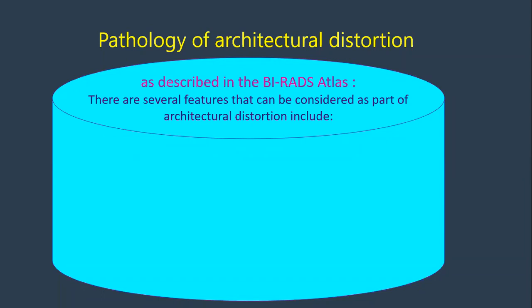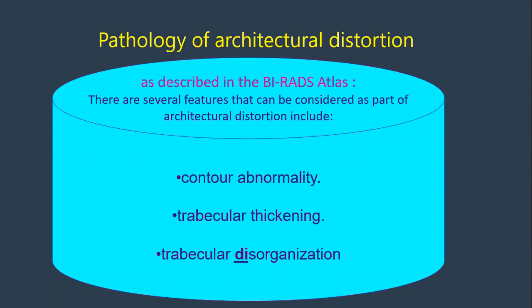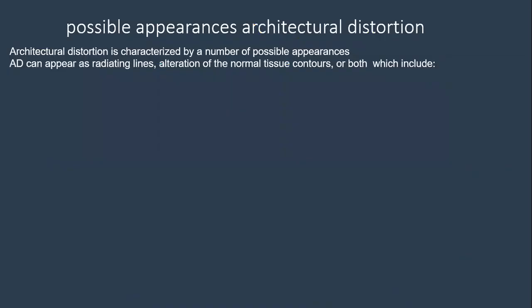Okay, what is the pathology of architectural distortion? As described in the BI-RADS Atlas, there are several features that can be considered as part of architectural distortion, which include contour abnormality, trabecular thickening, and trabecular disorganization. So what are the possible appearances of architectural distortions?